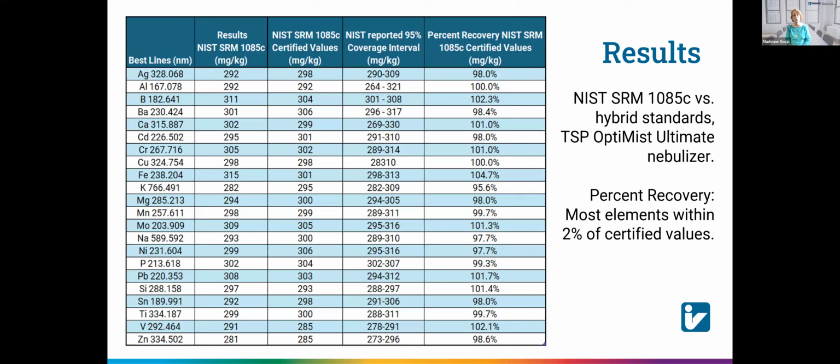This is the slide with the results from the NIST SRM 1085C versus our hybrid standards using the Optimist Ultimate Nebulizer. And as we look down our results, we see that most of them are within 2% of the certified values for this SRM.